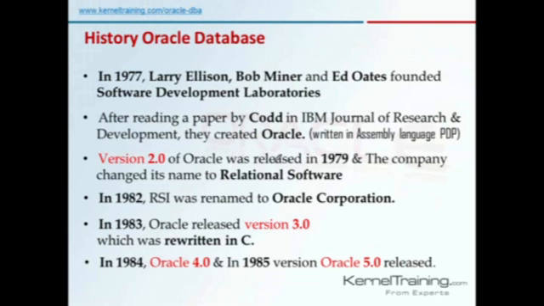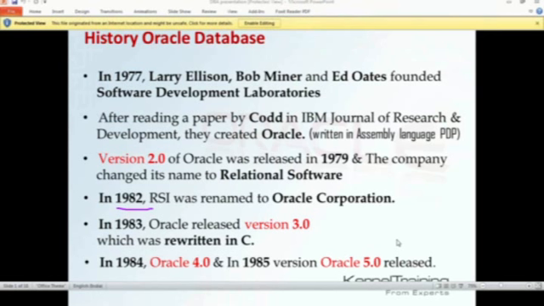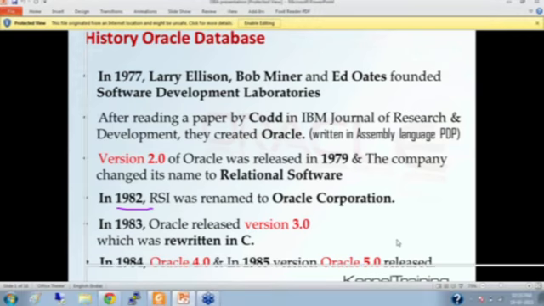RSI, the company name was RSI, that is Relational Software Incorporation, but in 1982 it was renamed as Oracle Corporation. It was renamed as Oracle Corporation in 1982.